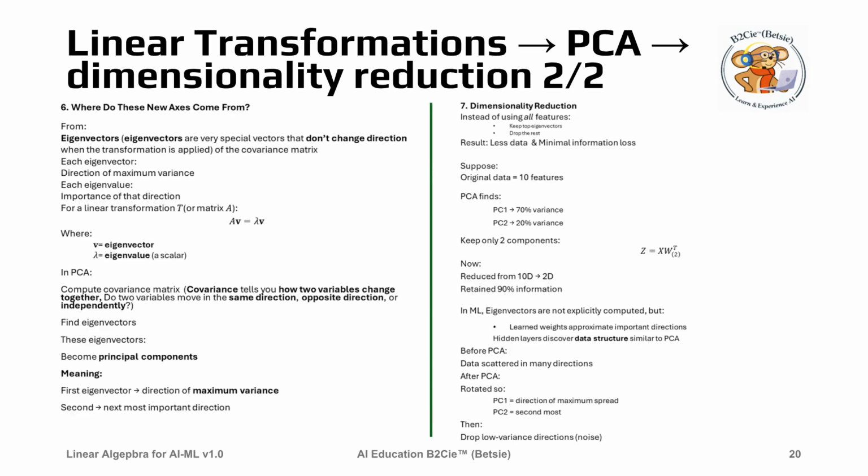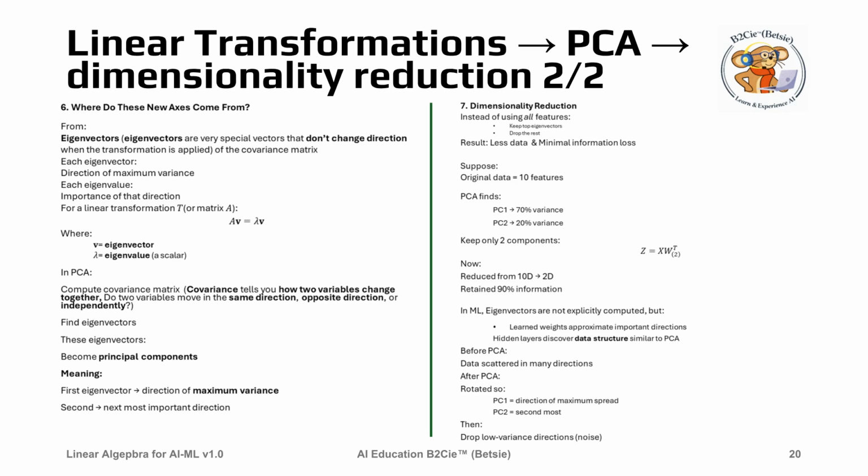Just in case you skipped the course on statistics for AI/ML, or simply forgotten it, please refresh yourself, especially on covariance. Principal component analysis: PCA is a special linear transformation that rotates the data to a new coordinate system where axis 1 equals maximum variance, axis 2 equals next highest variance, and so on.